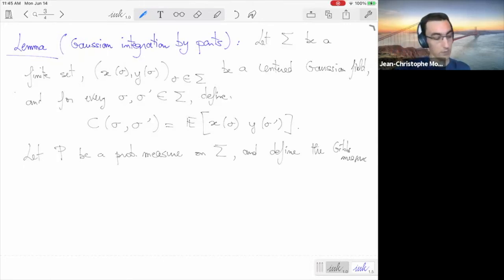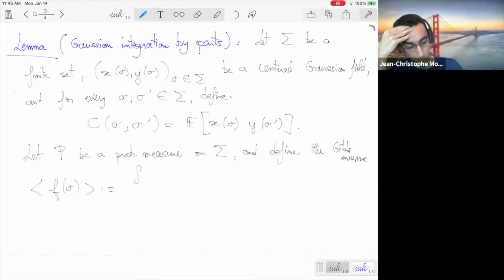It's the Gibbs measure with respect to the energy Y and this reference measure P. So here it is going to be, I use an integral sign, but it's actually a finite sum, f of sigma exponential of Y of sigma, dP of sigma, divided by the integral of exp of Y of sigma, dP of sigma.